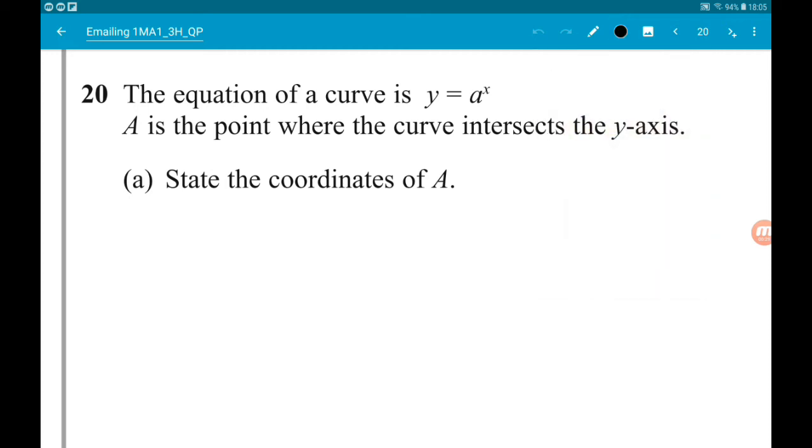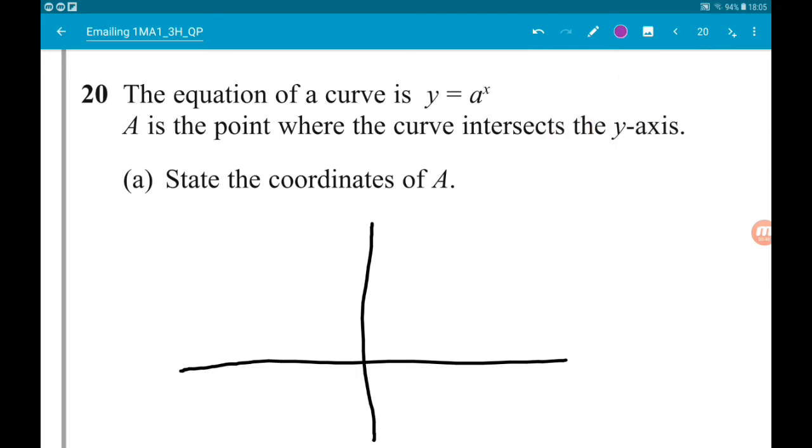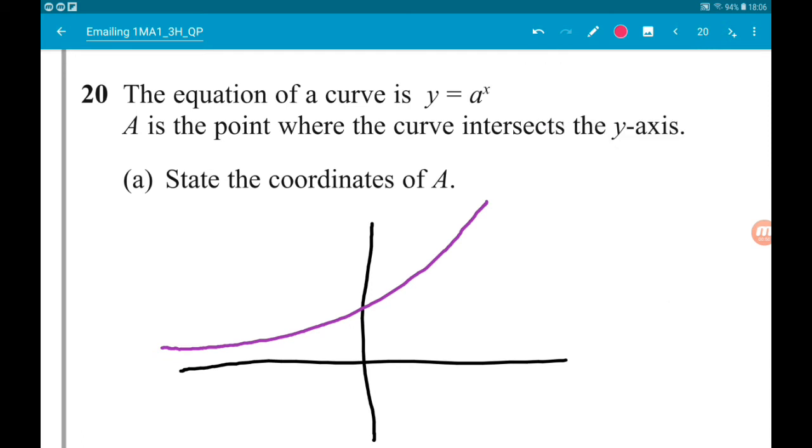Okay, so you wouldn't need to do this, but I'm going to do a sketch. So, exponentials always look like that. Now, point A is on the y-axis.